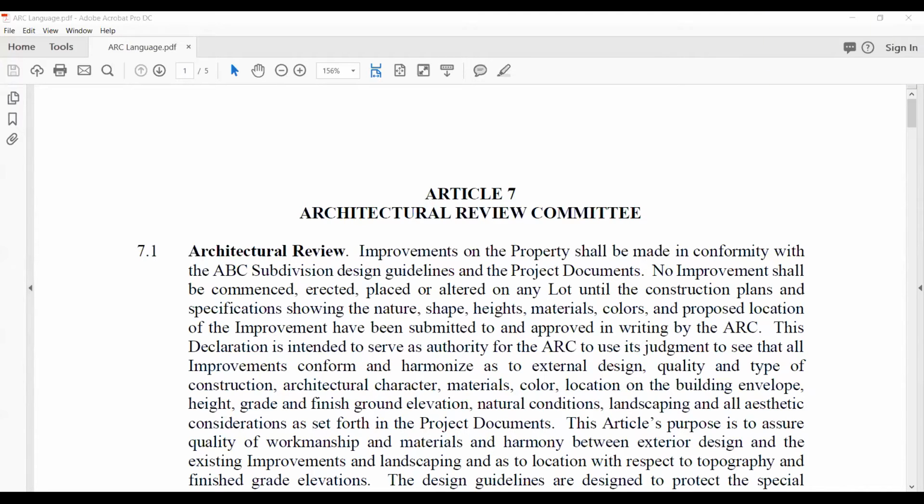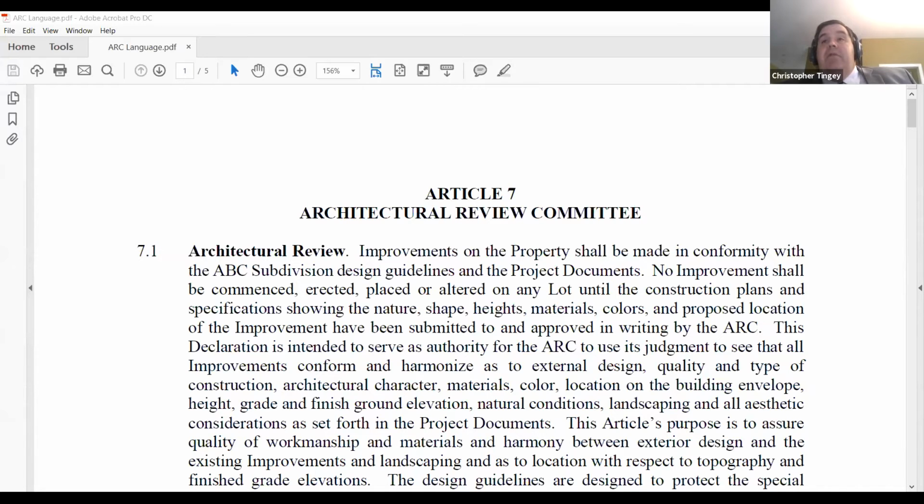So this is a detailed architectural review committee provision in a set of documents that I was looking at even just this morning. Now, I have removed all incriminating names of the association and the county that they're in.